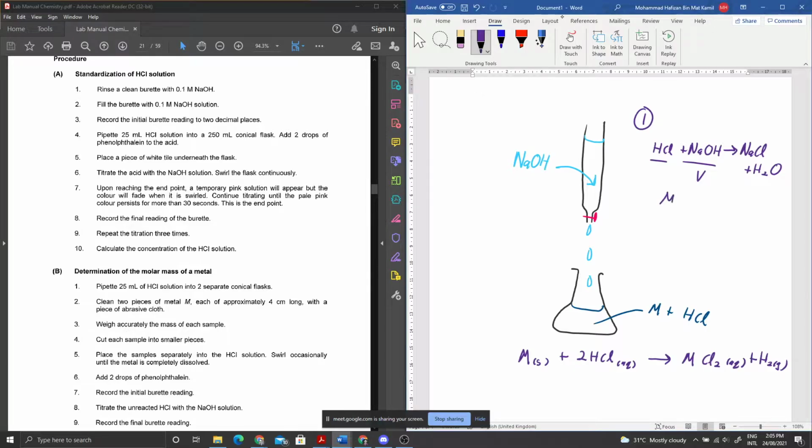you use MAVA over MBVB, okay, using the stoichiometric coefficient, and you can find, so for example this one is NaOH, this one is HCl, so you want to find the molarity of HCl.